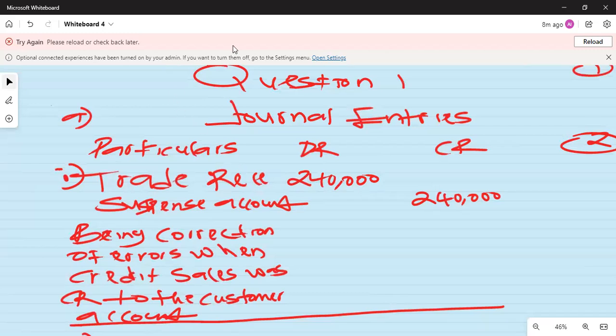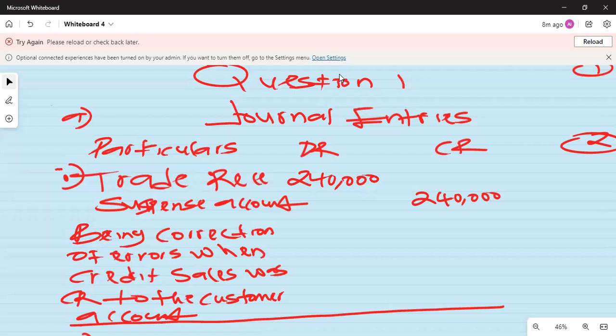So let's now prepare that suspense account. You write 240 instead of 120; 240 is what is correct. By saying 120 multiplied by 2, you have 240.